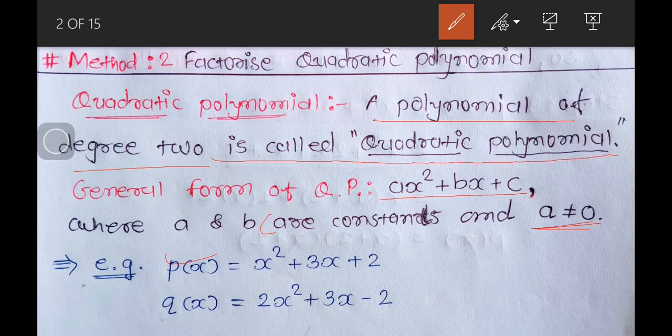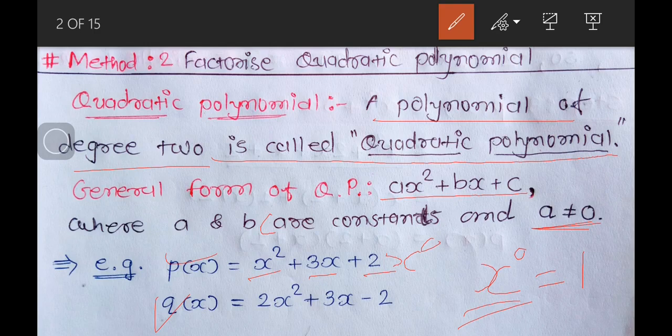The first term has power 2, the second term has power 1, and the last term is constant, or you can say the last term has x raised to 0. x raised to 0 is equal to 1, so the last term is a constant, or the coefficient of x raised to 0. And the next example is q of x is equal to 2x square plus 3x minus 2. So these are about quadratic polynomials as you studied in previous classes.